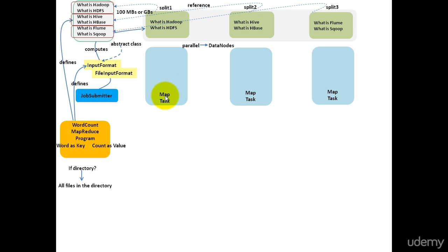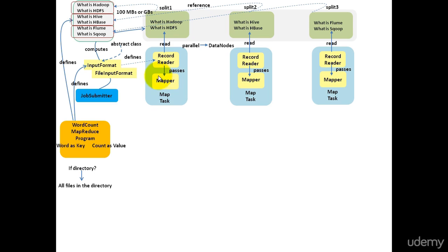All these map tasks will be running in parallel on different data nodes across the cluster. Now we need to read the input split. This is where record reader comes into picture. Input format defines the record reader to read the data from the input split. The record reader reads the input split and passes the input data to the mapper function.